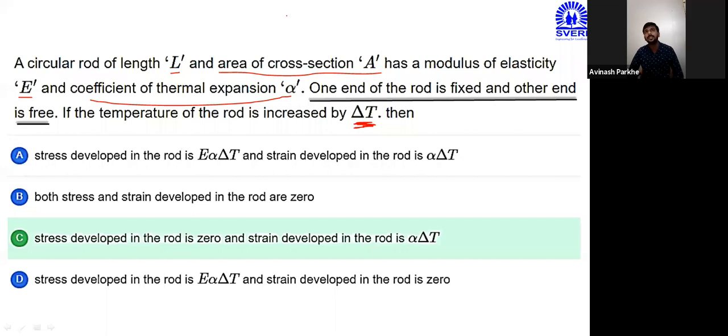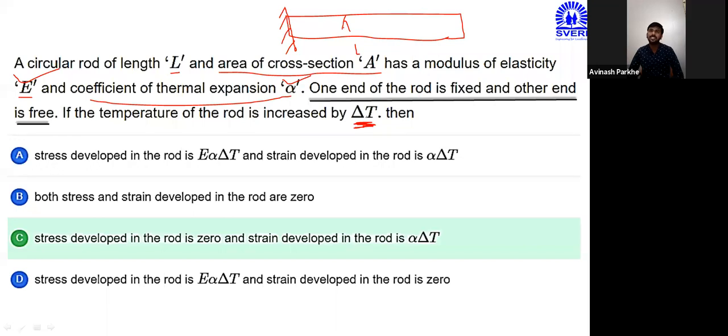If I draw a figure here, as per the conditions they have mentioned, one end of the rod is fixed. So I will fix this particular rod at the left side. Another end is free. This rod has length L, cross-sectional area A, Young's modulus E, coefficient of thermal expansion alpha, but the condition is one end is fixed, another end is free.